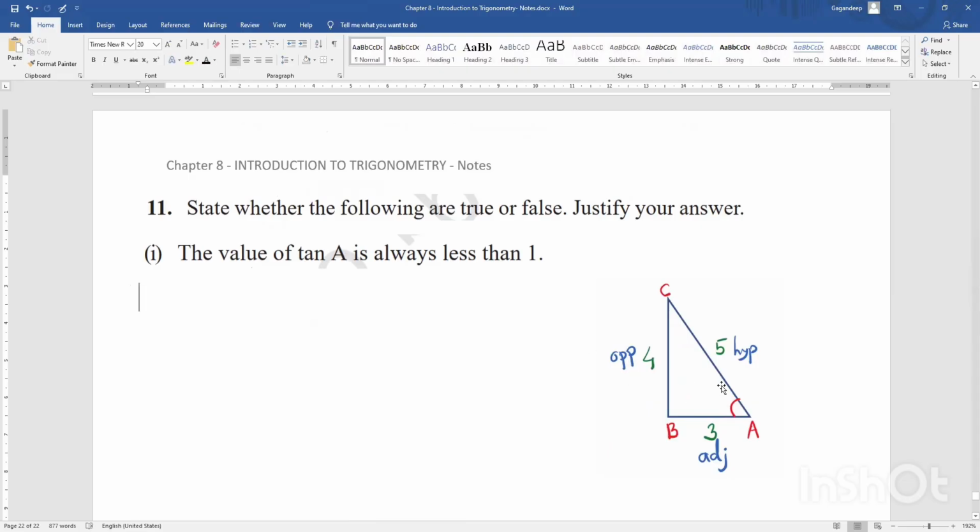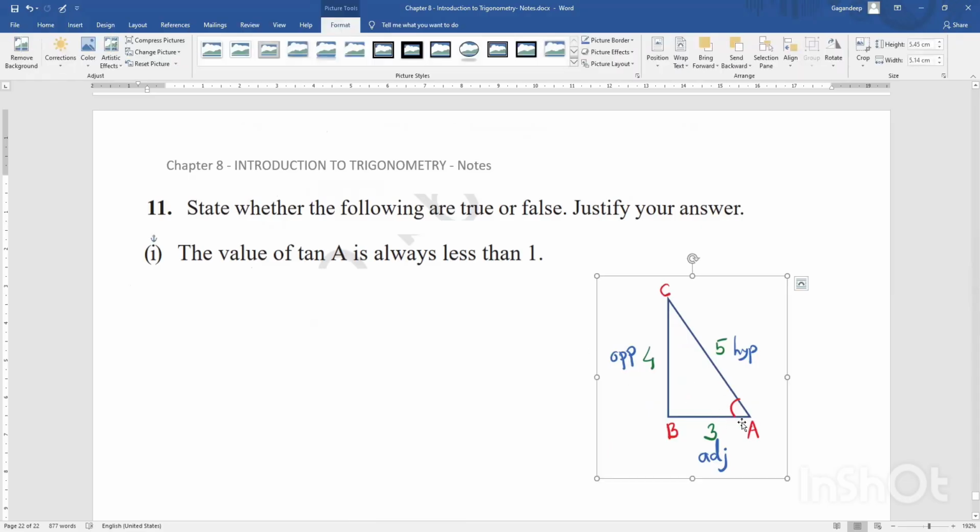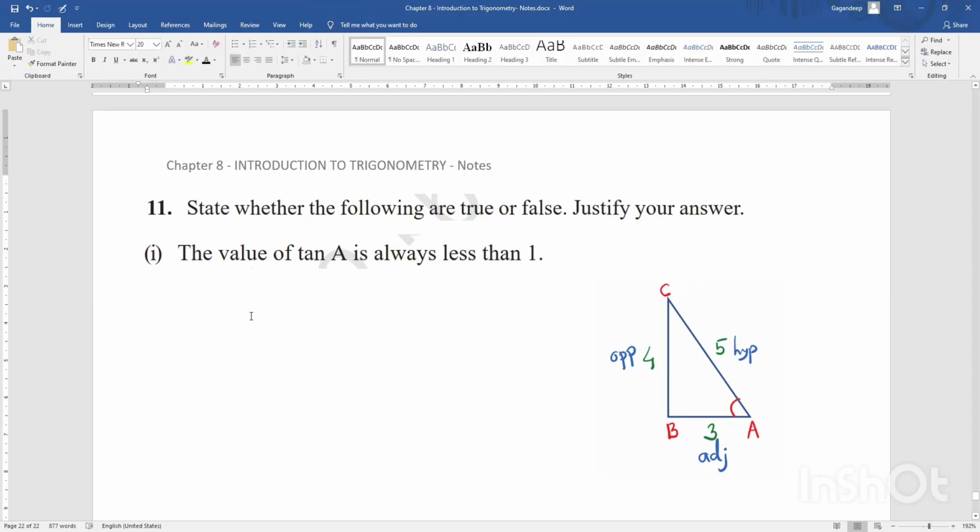Here, if you look at this figure, I have taken a triangle ABC with A as the reference angle. For tan A, take A as the reference angle. That's a method you need to follow. Then BC will be the opposite and AB will be the adjacent. Now you know the Pythagorean triplet 3, 4, 5. So remember that always. I have taken AB as 3 and BC as 4, and then AC will be 5.